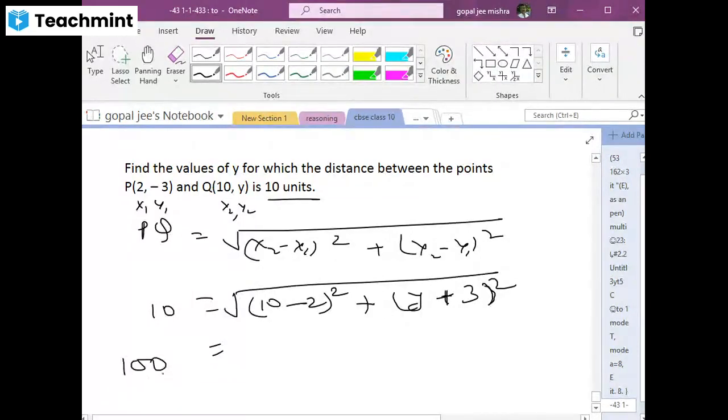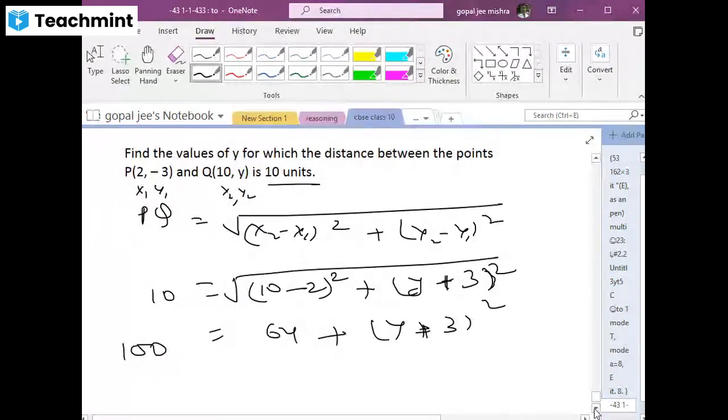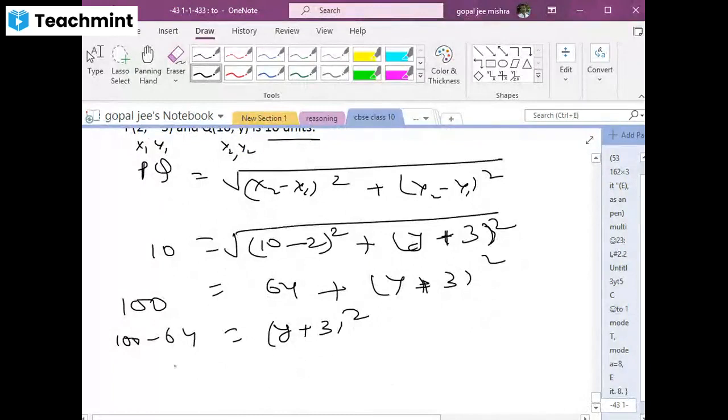You will get here 100. Here you will get 8 squared, that is 64, plus y plus 3 whole square. Now to be very sure, we can get 100 minus 64 is equal to y plus 3 whole square. You can see here beta, 100 minus 64 is equal to 36 and here y plus 3 whole square.